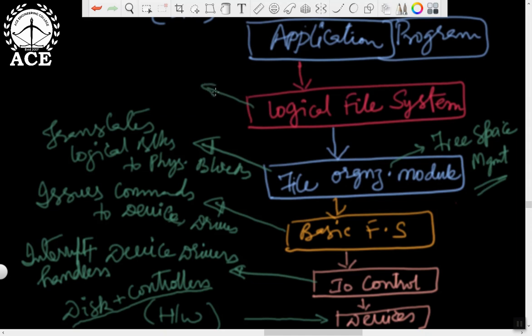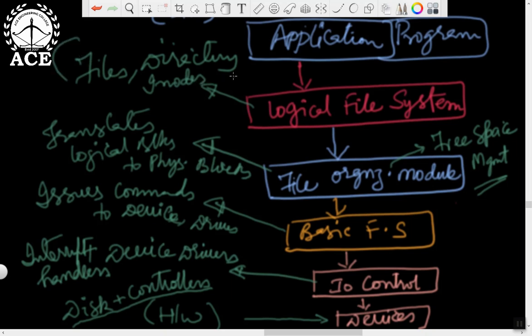Logical file system knows about the concept of files, directories, and the concept of inodes, directory structure. So the whole logical structure of the file system is here. Means application program will give the name of the file, the system will search for the file, get the metadata information from the directory entry, and also get the logical block numbers in use and give them to file organization module.